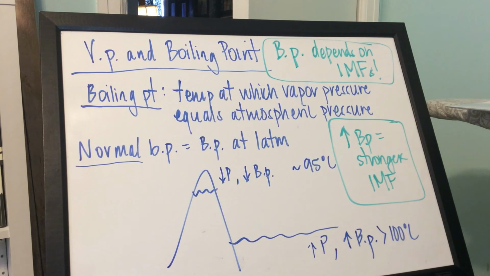And because of that, water has a very high boiling point compared to other substances. So if we look at boiling point data, we can often infer some things about the intermolecular forces that exist within molecules. So takeaway point, a lot of properties are dependent upon the intermolecular forces in a molecule, and that's why intermolecular forces are so important.